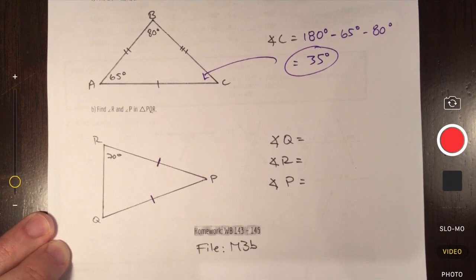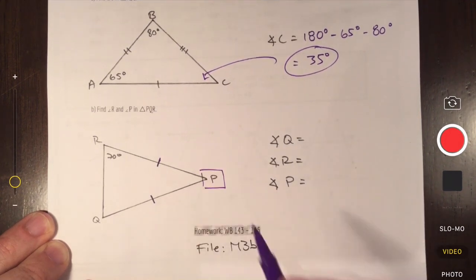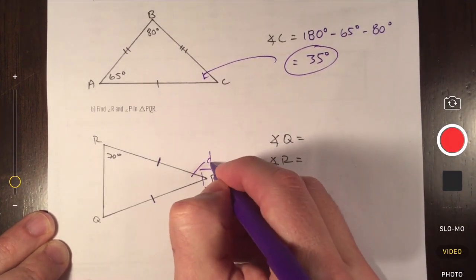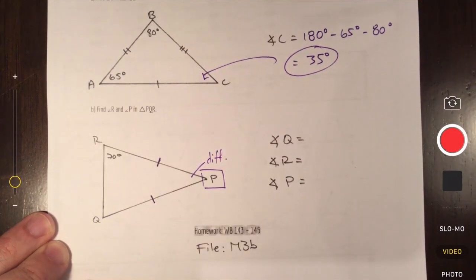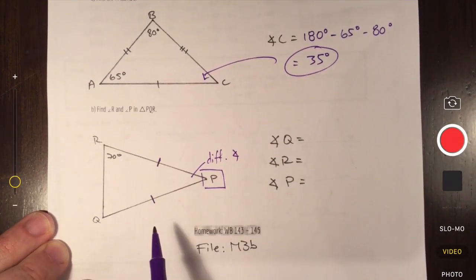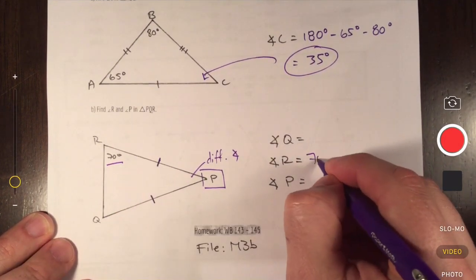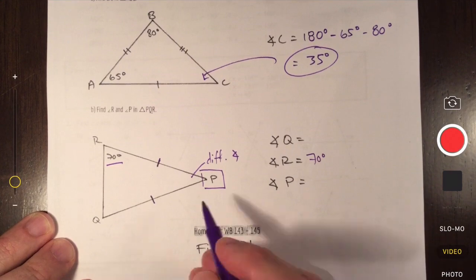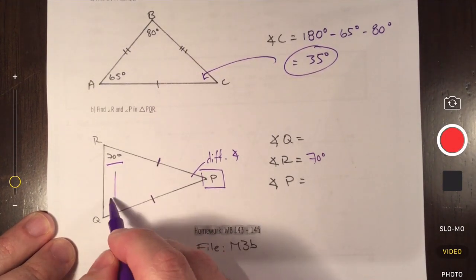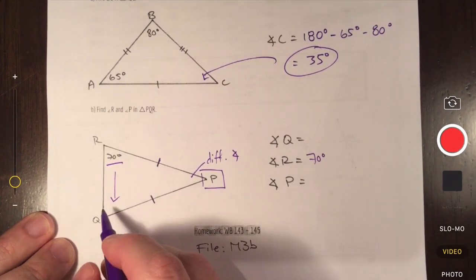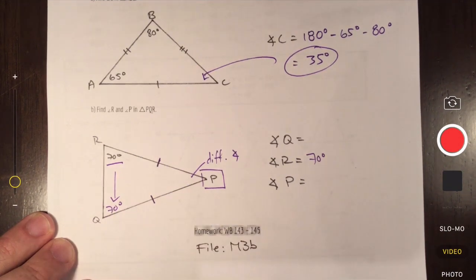So where those two lines meet or come together, whatever that common corner is, in this case it's going to be point P. This one is going to be our different angle. So that's telling us that we already know that point R or corner R is going to have a measurement of 70 degrees. If this is the different one, we know that point Q or angle Q is also going to have a measurement of 70 degrees.